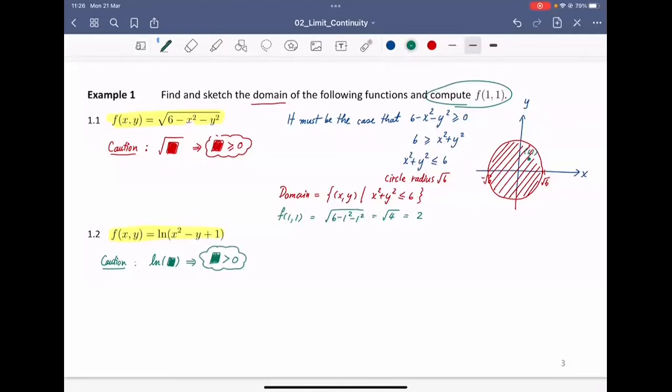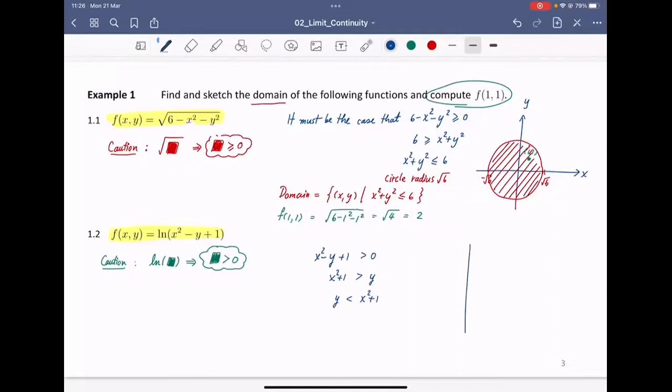You cannot put something negative inside the logarithm. So because of this, you have x squared plus y minus 1 greater than 0. That means x squared plus 1 is greater than y, so y is less than x squared plus 1. So you need to draw a graph of y equal to x squared plus 1.